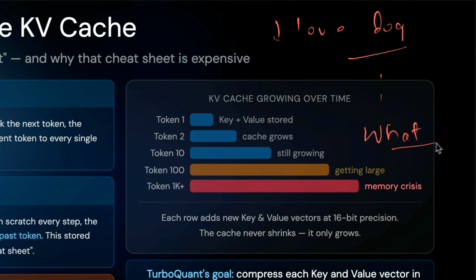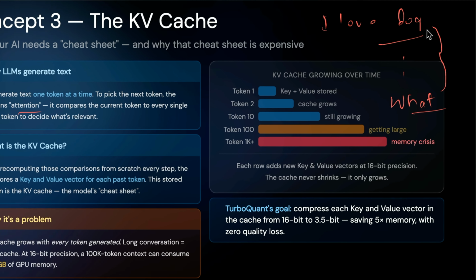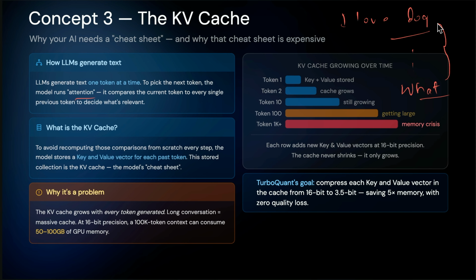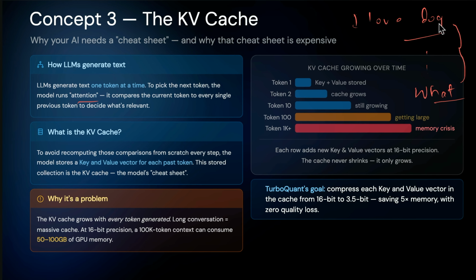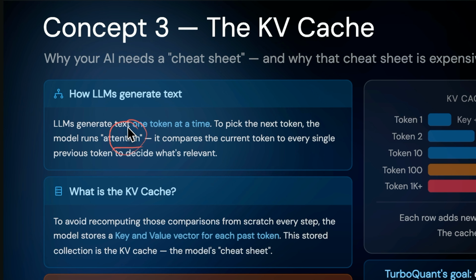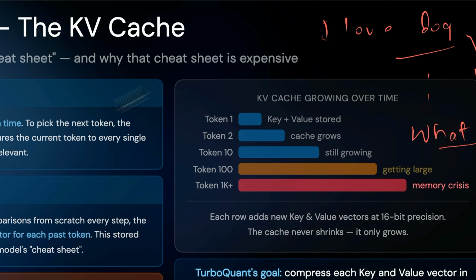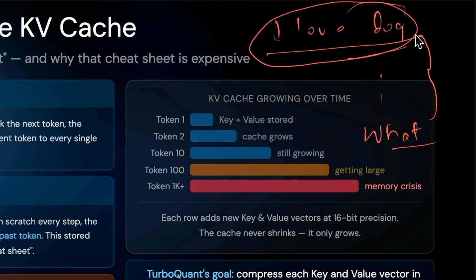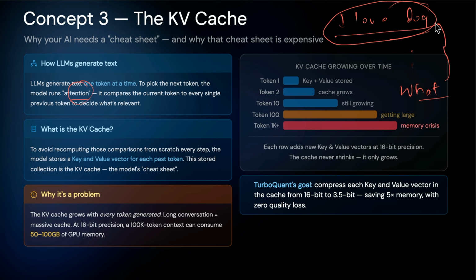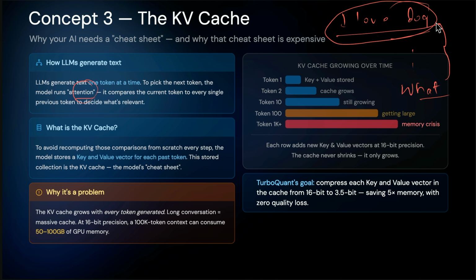To generate the response for this, the LLM takes a look at all the previous tokens and does something called attention. By doing this attention mechanism, it understands that this part of the conversation is relevant to what it wants to generate next. In simple terms, this is what attention means: it compares the current token to every single previous token to decide what's relevant.